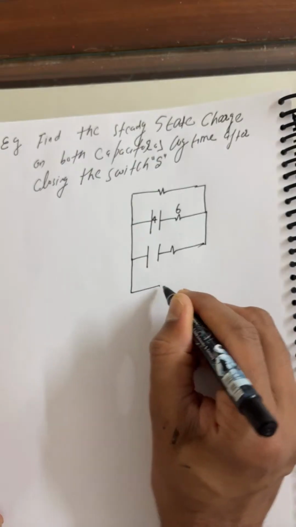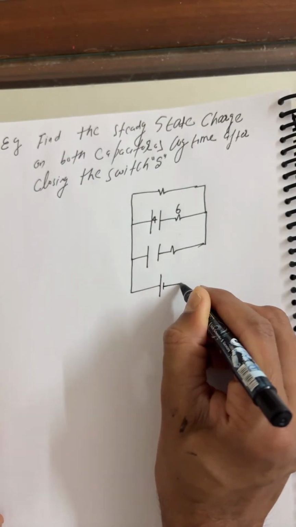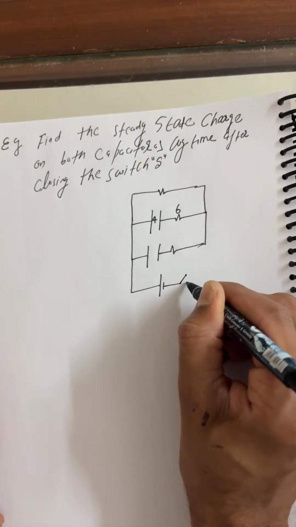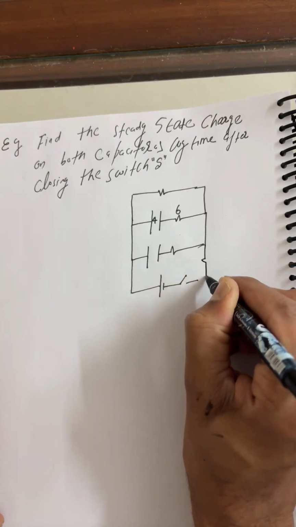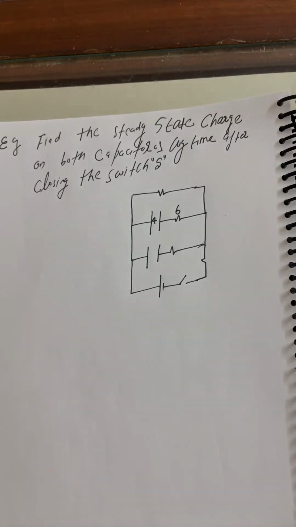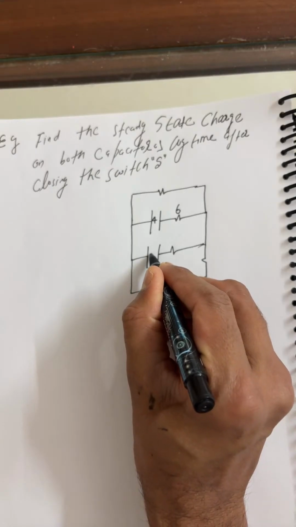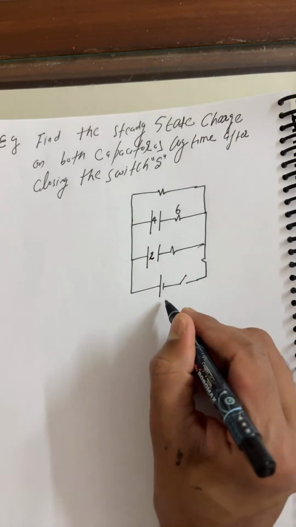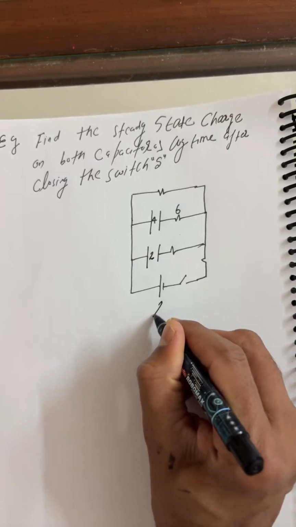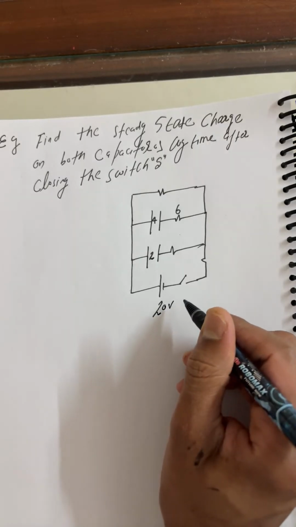The entire setup is connected through a battery, and initially the switch is open, but we have to find the charge on both capacitors if the switch is closed for a long time. One is 4 microfarad, the other is 2 microfarad, and the battery is 20 volt.